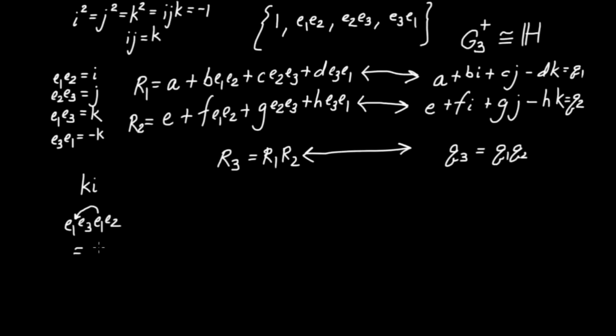So I swap there, that'll generate a minus sign. So I have minus e1 squared times e3e2, which is equal to minus e3e2, which is equal to e2e3. Now, what is e2e3 in the quaternions? Well, that's just j. So there you go. You already know that in the quaternions, ki is equal to j.